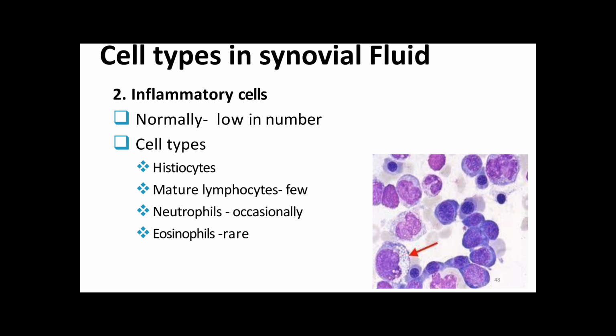Histiocytes you can see in the picture. Mature lymphocytes you can see, and neutrophils, and sometimes eosinophils, very rarely. Neutrophils depend on bacterial infection; eosinophils depend on parasitic infection or allergy.